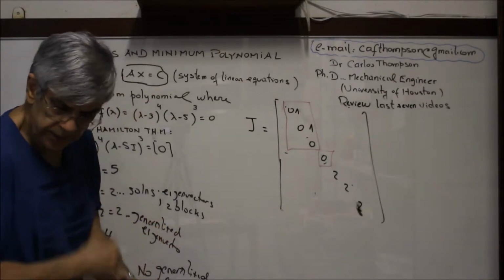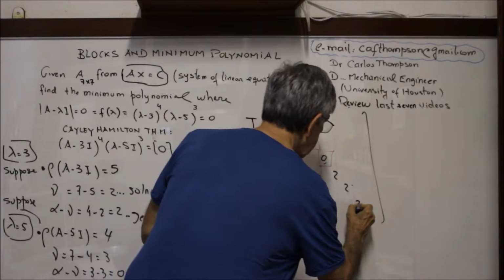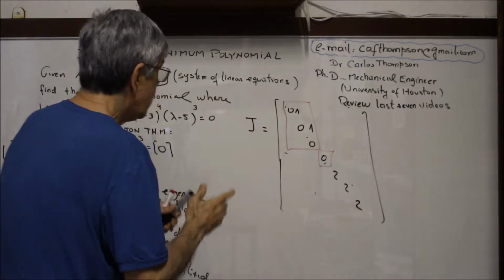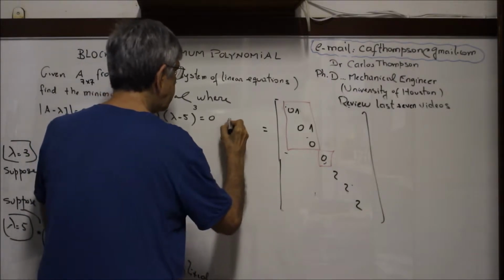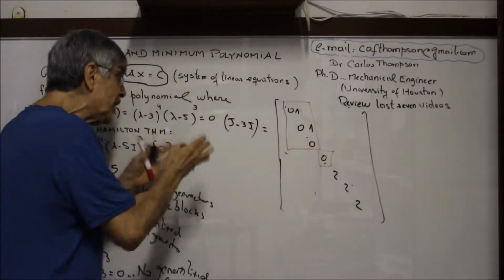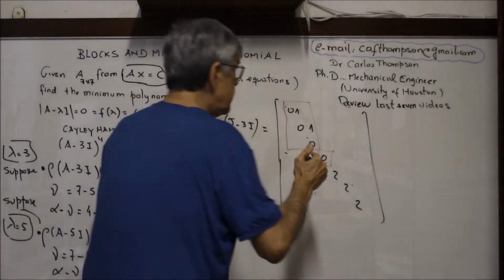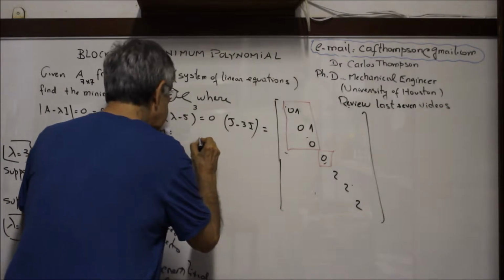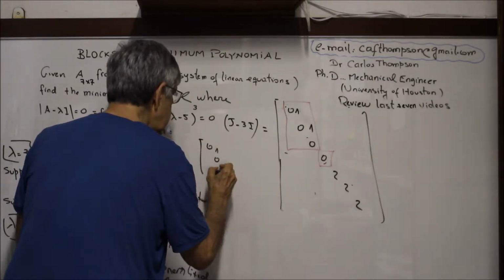Let's erase here. It's not clear. Now, this is J minus 3I. It's clear that this block over here we already did. You remember? 0, 0, 0, 1 here and 1 here.